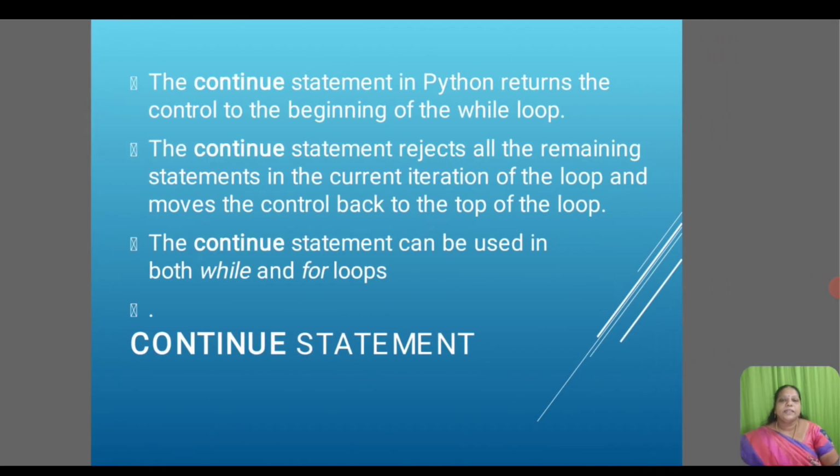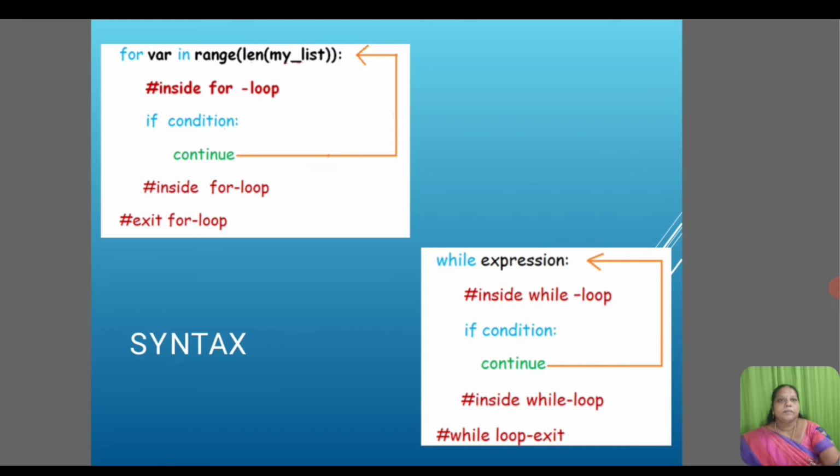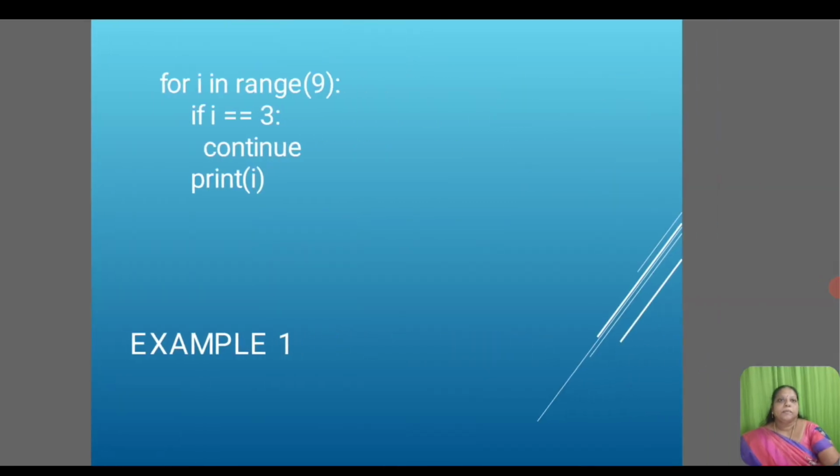Next, we will discuss the continue statement. The continue statement can be used in both while and for loops. The continue statement rejects all the other remaining statements in the current iteration and returns the control to the beginning of the loop. This is the syntax of the continue statement within for loop and while loop. This is an example program.